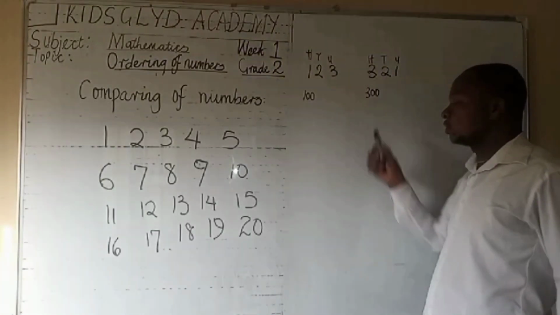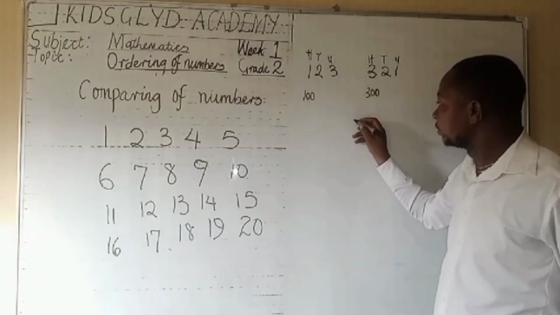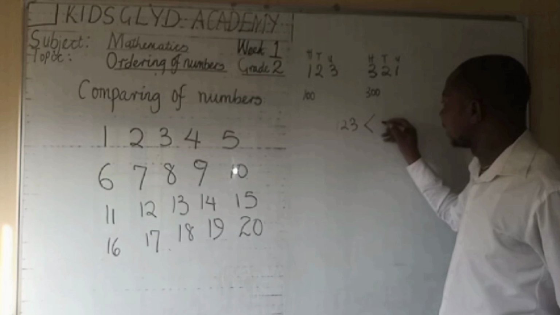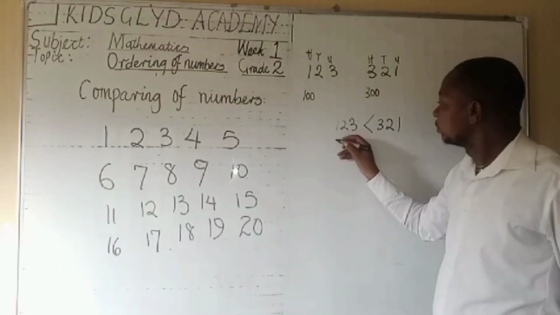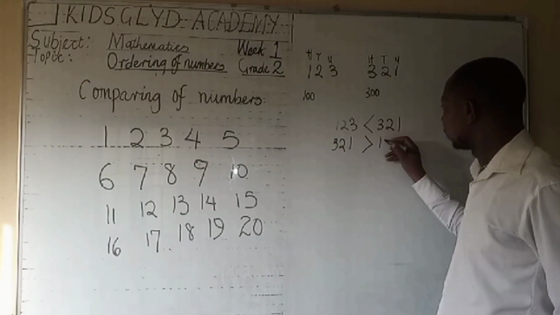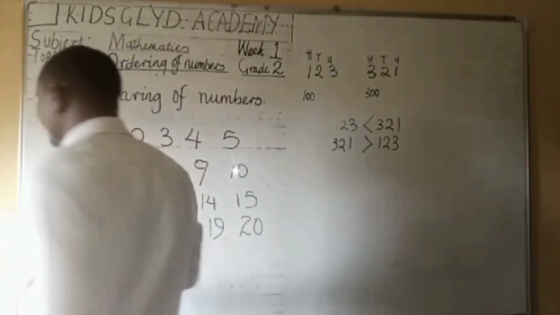Between 100 and 300, which one is bigger? Yes, 300, right? That means 1, 2, 3 is less than 3, 2, 1. Or 3, 2, 1 is greater than 1, 2, 3. I hope we understand this perfectly.